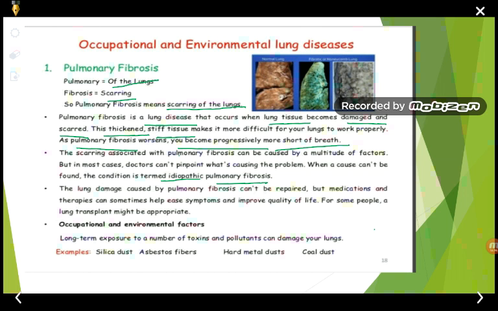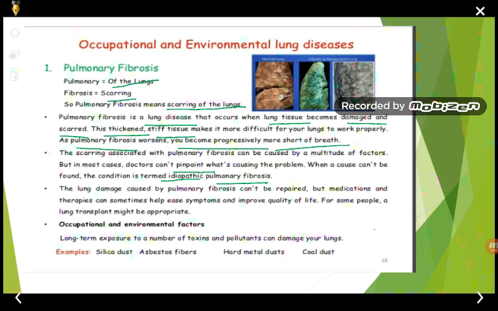It is said that कि ये जो scarring का process है या फिर lung injury है, that is thickening or stiffening of the lungs takes place, sometimes the cause is not detected, doctors are not able to identify what the main problem is.